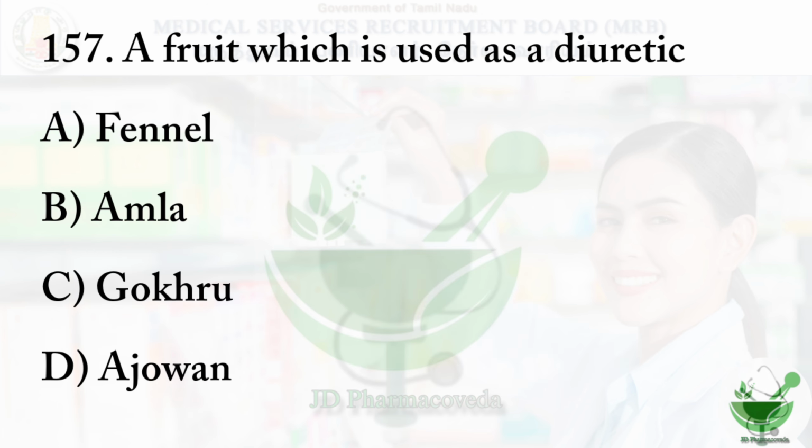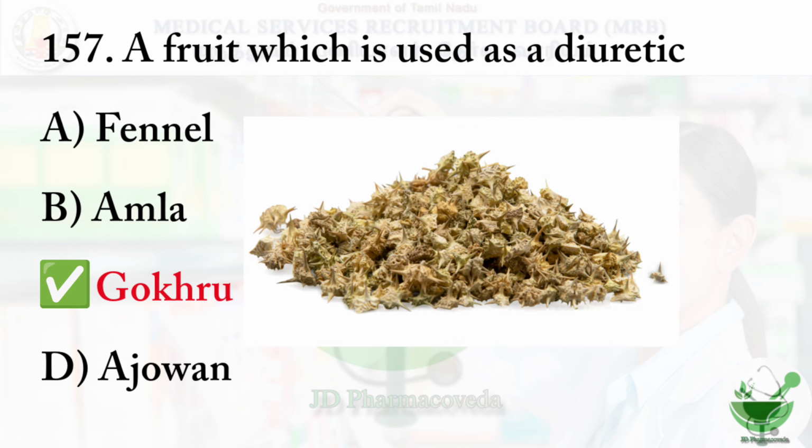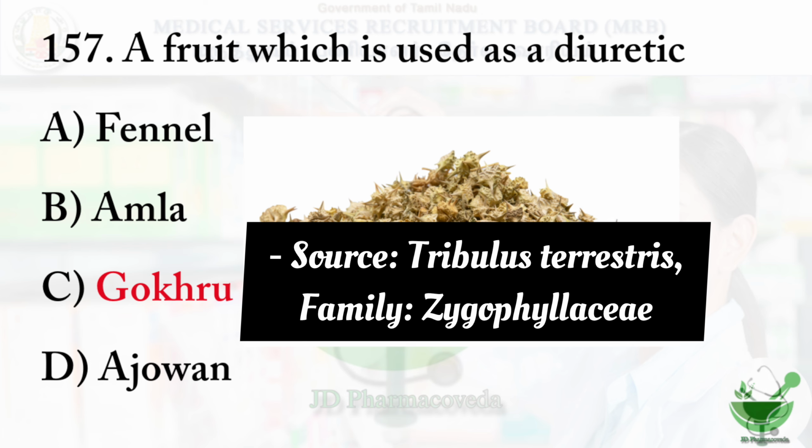Then question number 157. A fruit which is used as a diuretic. Diuretic means it has the ability to increase the urine output, so it is used in pulmonary edema and other edema also. The fruit: option A, fennel; option B, amla; option C, gokhru; option D, ajowan. So the right option is option C, gokhru. The gokhru source is Tribulus terrestris and its family is Zygophyllaceae.